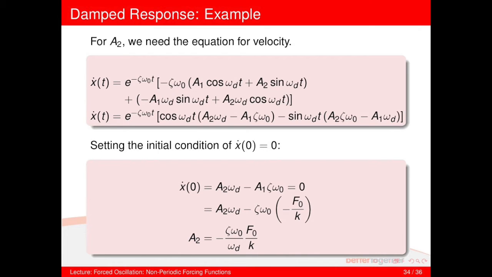So we have to take the derivative of this equation. And as we saw in the tutorial 2 weeks ago, the derivative is a little bit complicated, because you've got a function of two functions of time. So you have to use the product rule and the chain rule. So that's what I've done here.